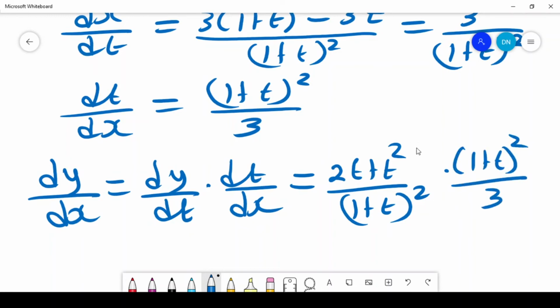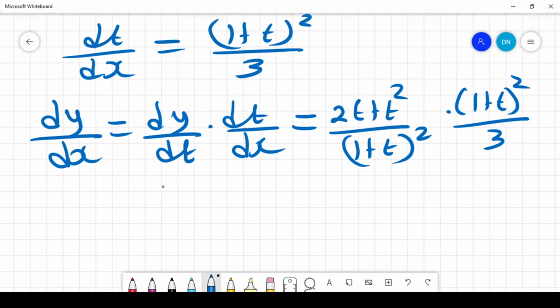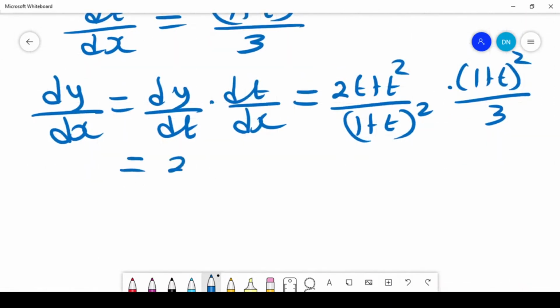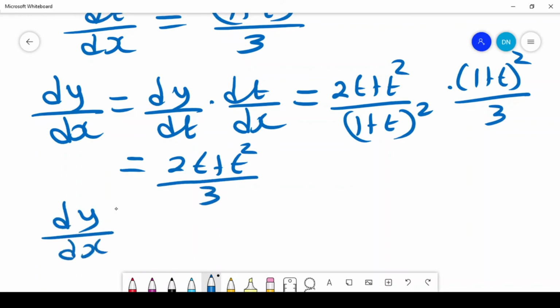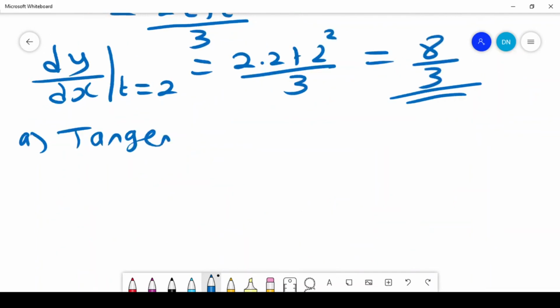That simplifies to a form that gives me the slope of the line as 2t plus t squared divided by 3. Since I was told to find the value at t is equal to 2, this will be 2 times 2 plus 2 squared, divided by 3, which is 8 over 3. And that gives me the slope of the tangent.